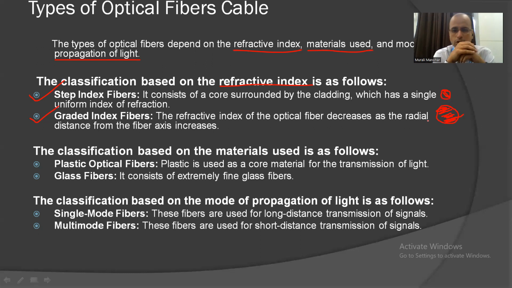Now, on the material basis, fiber optic cable is made up of plastic or glass. These are two different materials. So, plastic optical fiber cable and glass optical fiber cable.